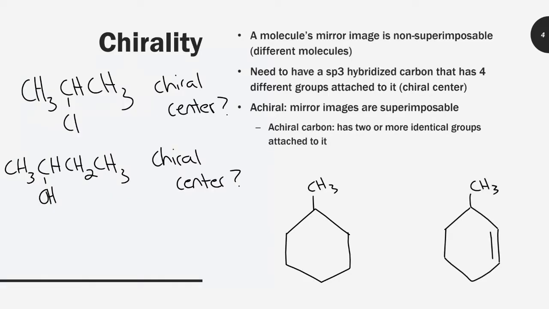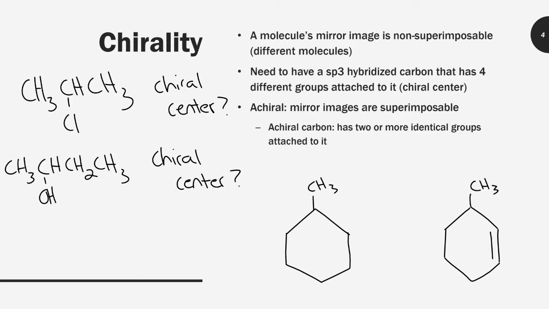Okay, so to the other side of isomers, we have chirality, which is the premise for the rest of the optical isomers. So to be chiral means that a molecule's mirror image is non-superimposable. So its mirror image is a different molecule.